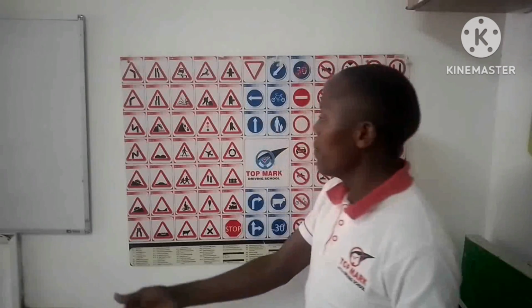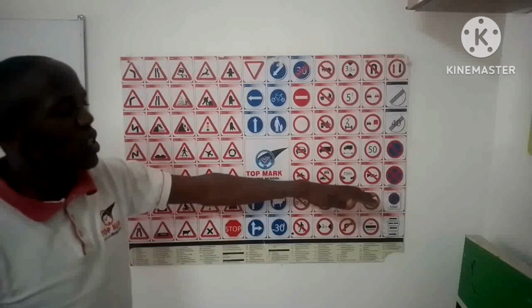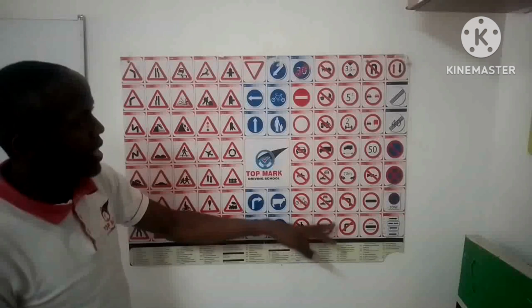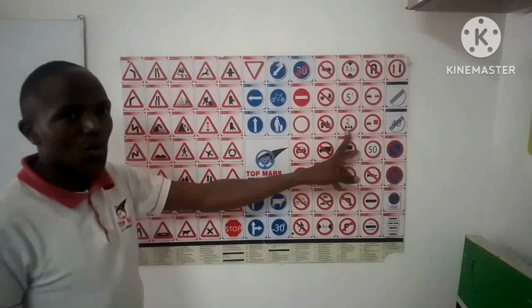You have been prohibited from driving your vehicle keeping a distance of less than 70 meters. So you have to calculate using your mind, and you know that you have to keep a distance of 70 meters.